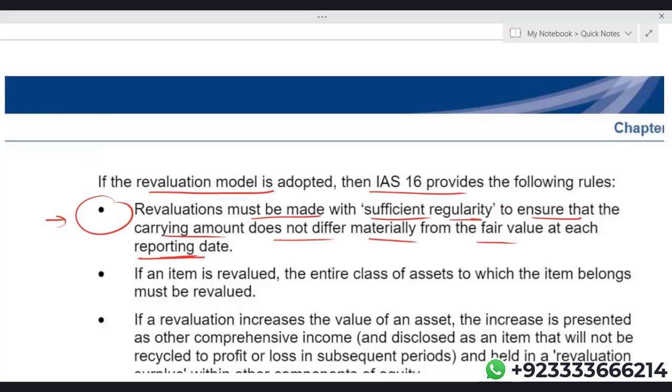If you want to do that, go ahead, but that is not required. That is why they are saying in case of revaluation model, revaluation must be made with sufficient regularity.